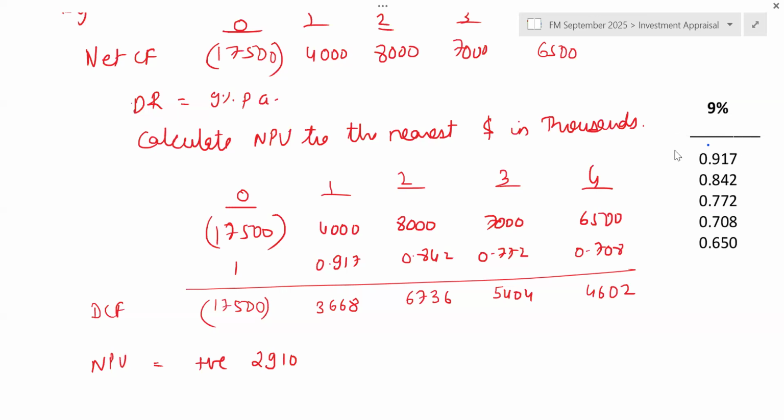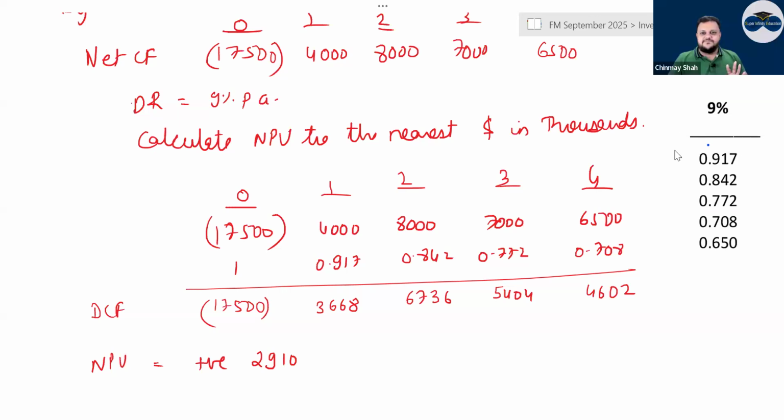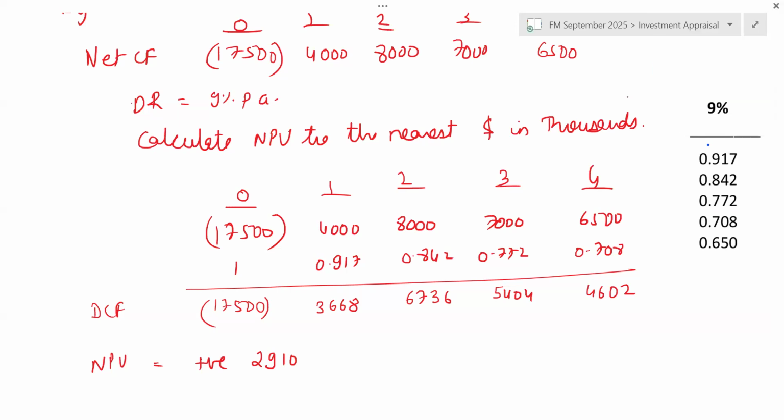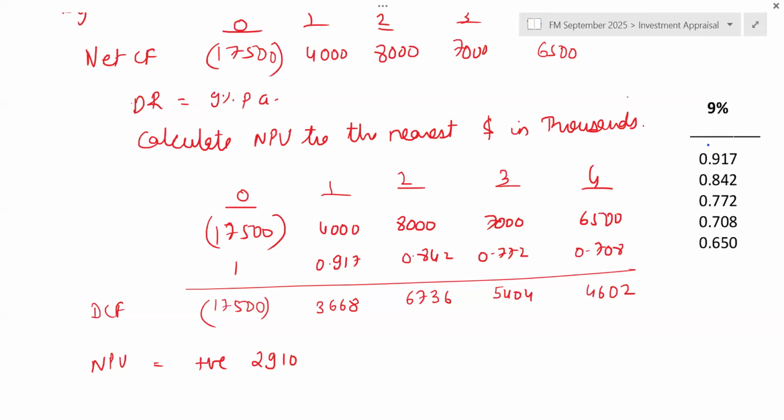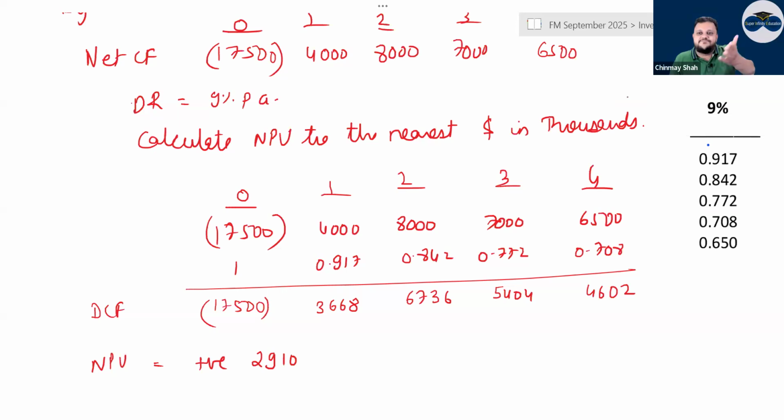Sir, you said thousands and round up. Have I told round up for NPV? The only assumption of round up was in the payback period. Here I have said to the nearest dollar.